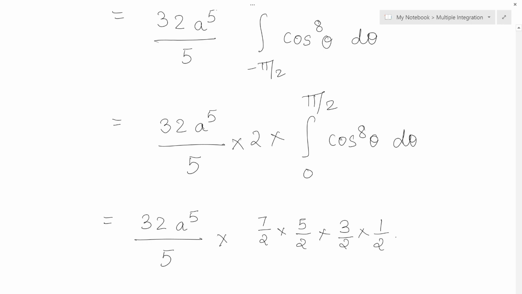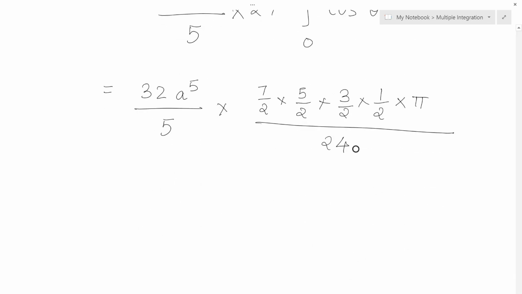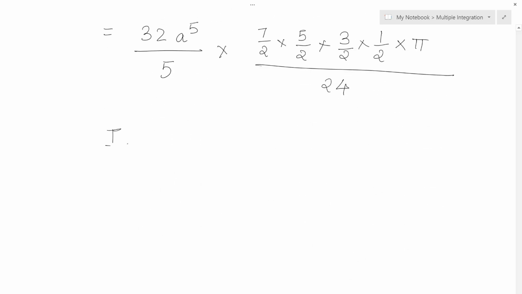So which is pi upon, this will be 24. Okay. So my final answer for integration, if you simplify this, you can simplify on your own and come back and check the answer. The final answer should be 7 pi by 4 a raised to 5. This should be my final answer for the integration.